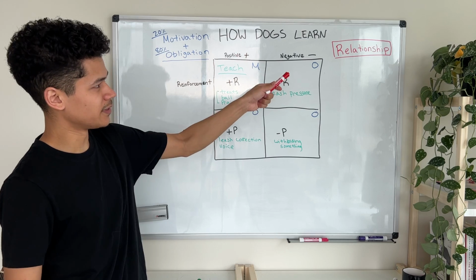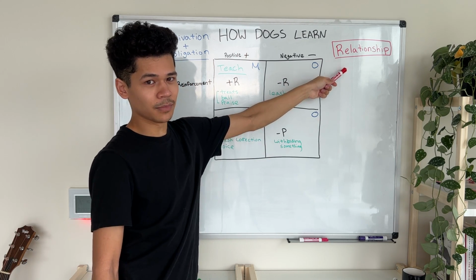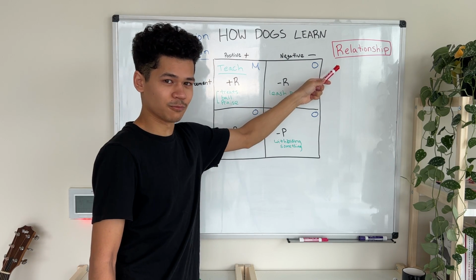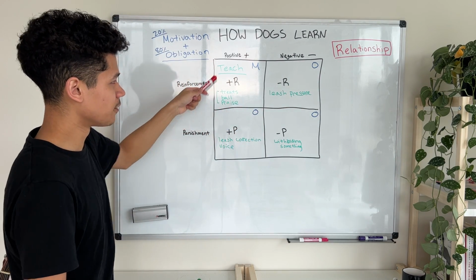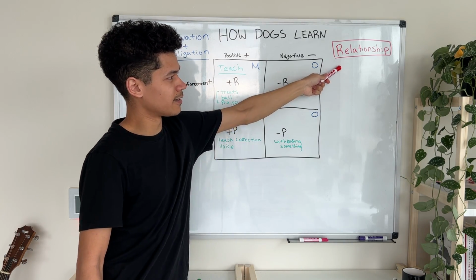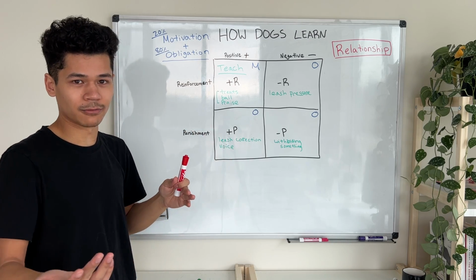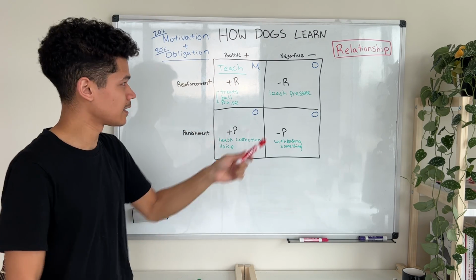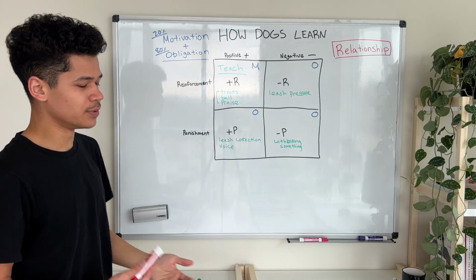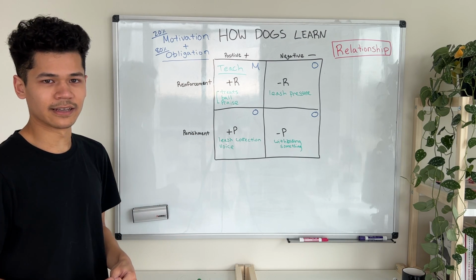And I'll make a separate video on relationship, but this here is most important. If you don't have a relationship, a solid relationship with your dog, they're not gonna listen to you anywhere. But if you do have a solid relationship with your dog, they don't even have to be trained, and they'll listen to you. They'll follow you around, they'll respect you, they'll look to you for guidance. And so the relationship is something that you build through your interaction with your dog, and I'll explain that more in depth in a later video.